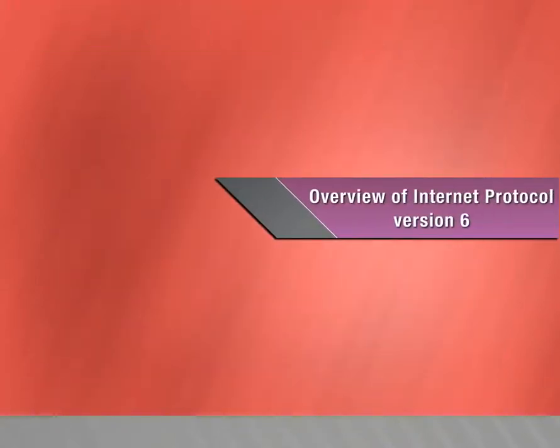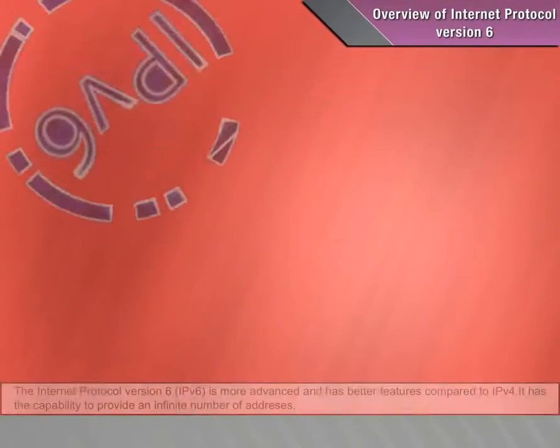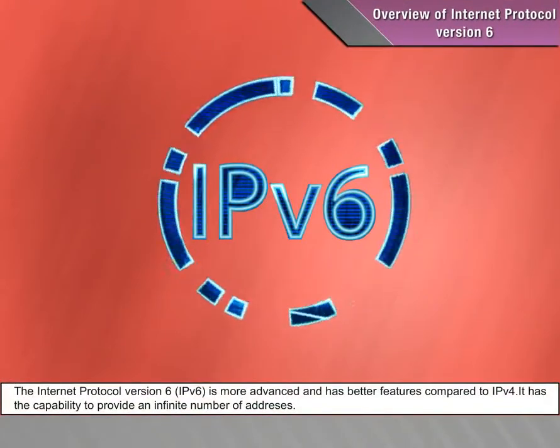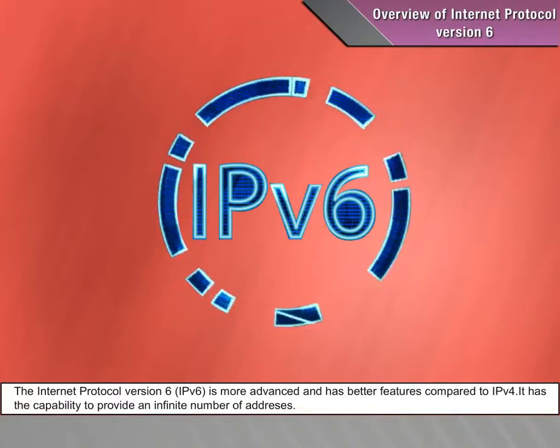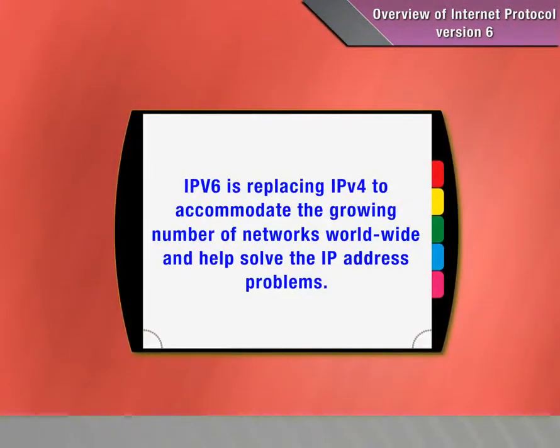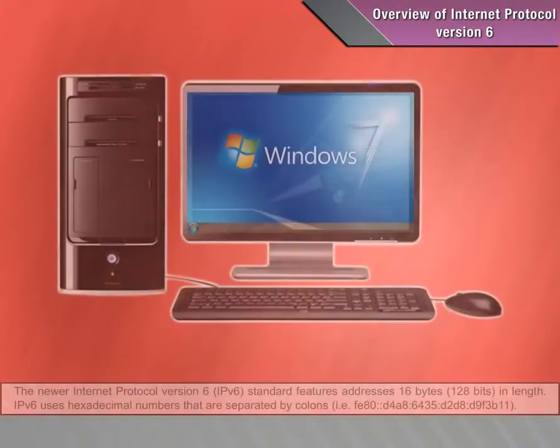Overview of Internet Protocol version 6. Internet Protocol version 6, IPv6, is more advanced and has better features compared to IPv4. It has the capability to provide a practically infinite number of addresses. IPv6 is replacing IPv4 to accommodate a growing number of networks worldwide and help solve the IP address problems.